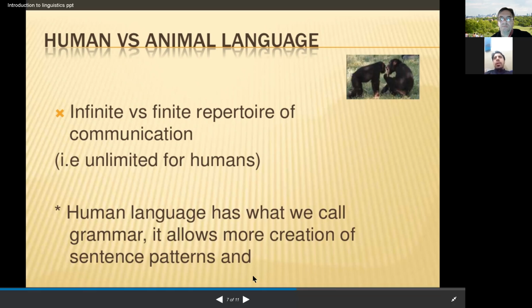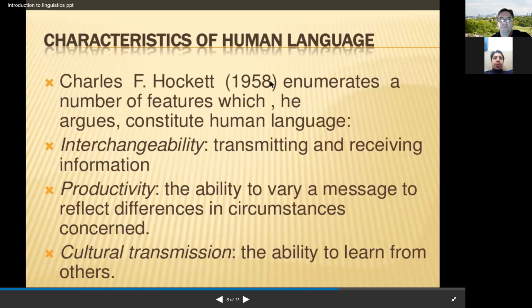If we look at the English language, we have 26 alphabets, and with them we produce infinite sentences and use them for communication all the time. This is said by Noam Chomsky, one of the great linguists: human beings produce a lot of words from finite letters and use them for communication.